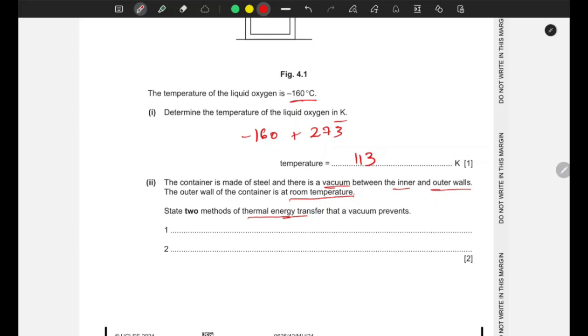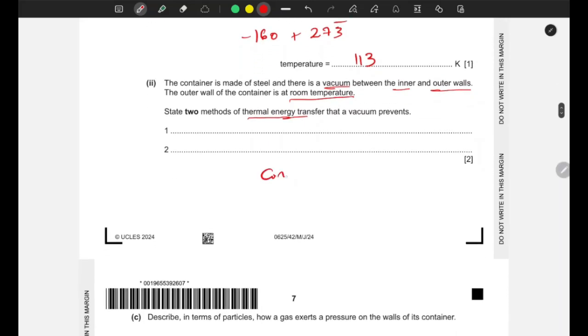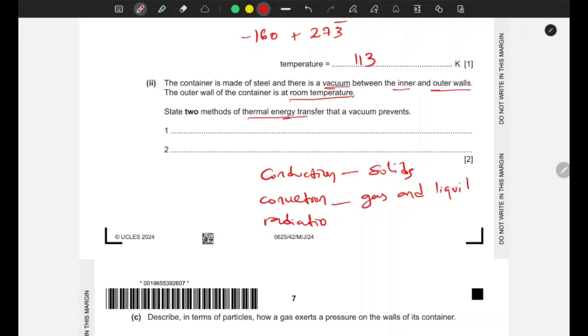Okay, so as we know, we have three main methods of thermal energy transfer: conduction, convection, and radiation. So conduction is mostly through solids, convection is through gas and liquid, and radiation is through vacuum.